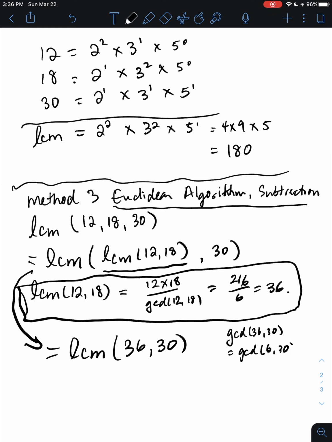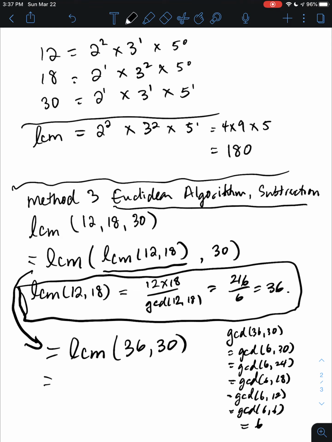I subtracted the smaller from the larger. That's the GCD of 6 and 24, GCD of 6 and 18, GCD of 6 and 12, GCD of 6 and 6, and that would be 6.